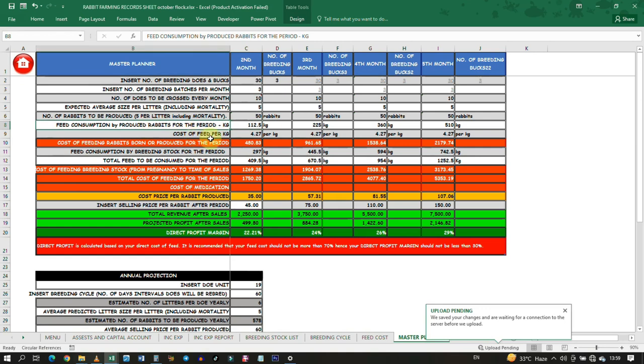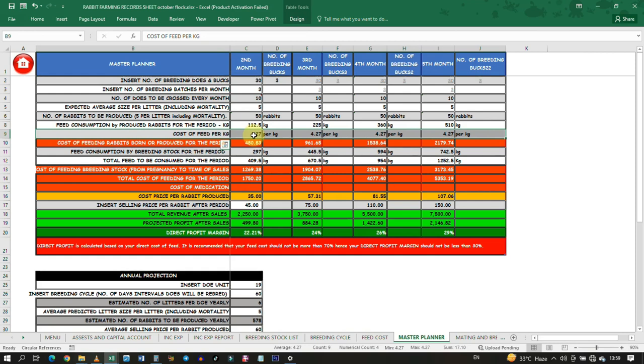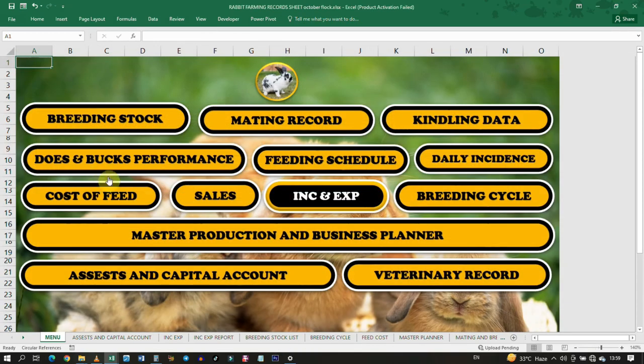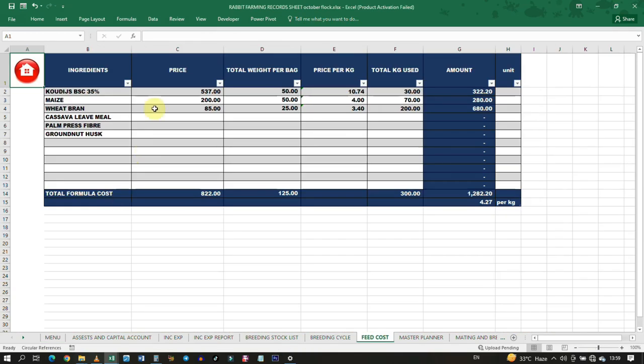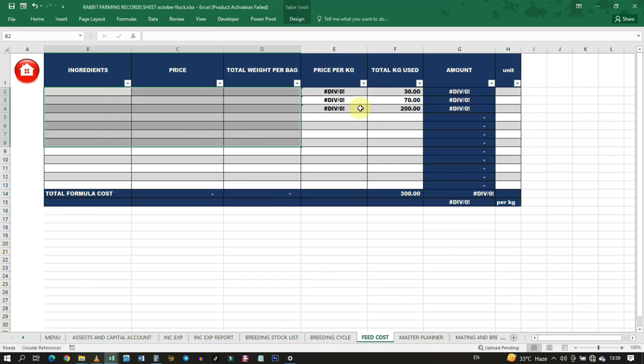Now, cost of feed per kilo is also information that is drawn from elsewhere. It's on the menu. You come here, cost of feed. Now, what formula do you use to feed them? Let us assume that you are using a particular already made feed, ABC feeds.